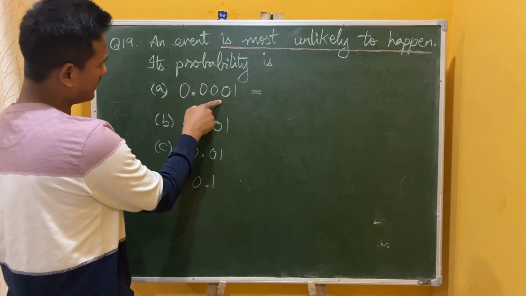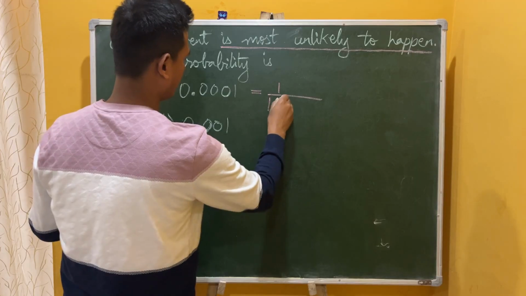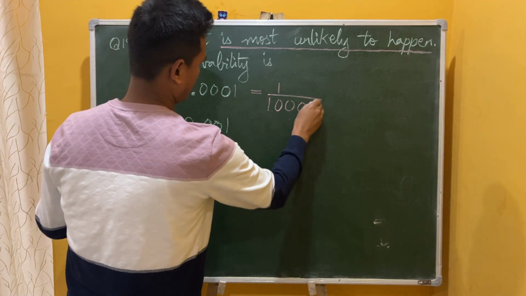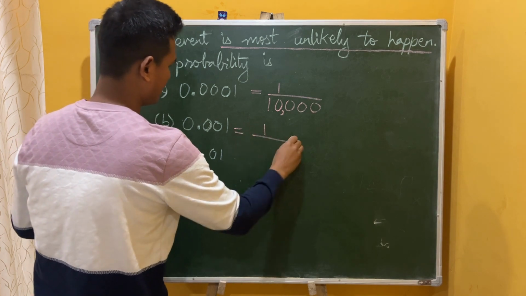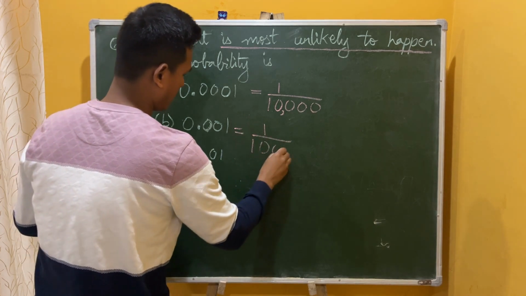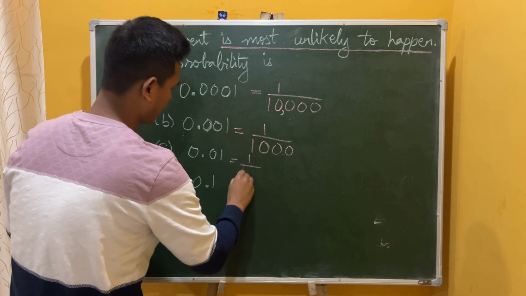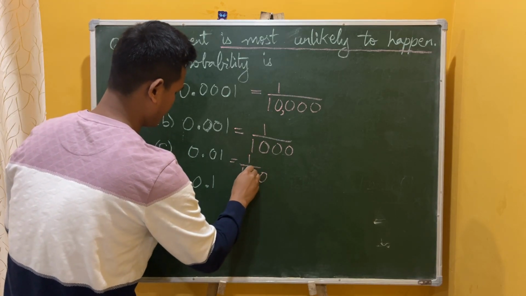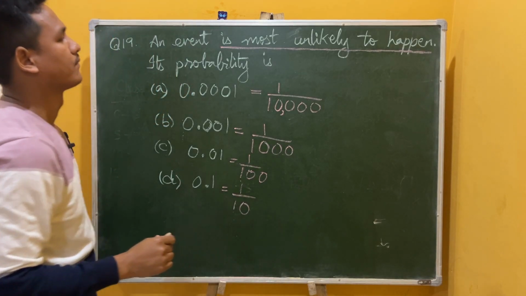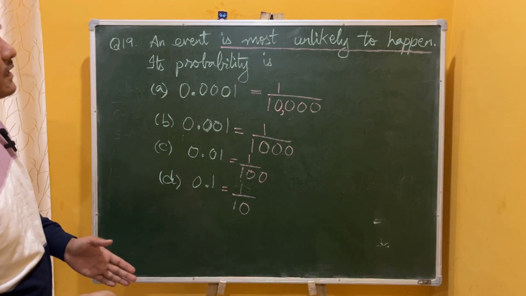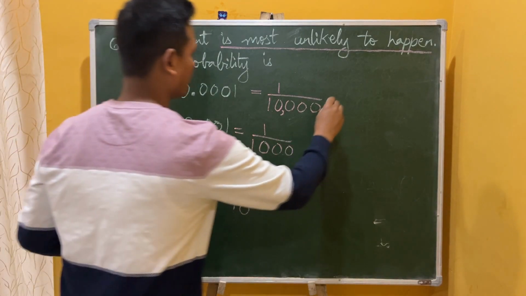This can be written as 1 out of 10,000, while this can be written as 1 out of 1,000. This is 1 out of 100. This is 1 out of 10. So an event being most unlikely to happen means there's a very little chance that it will take place, which is this.